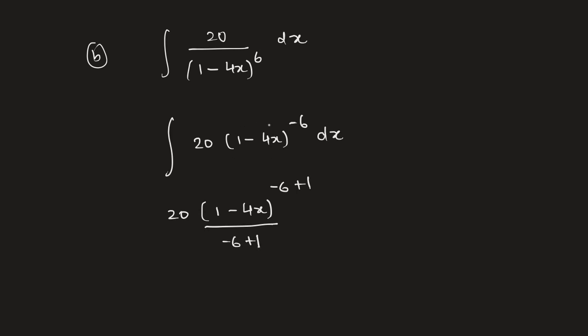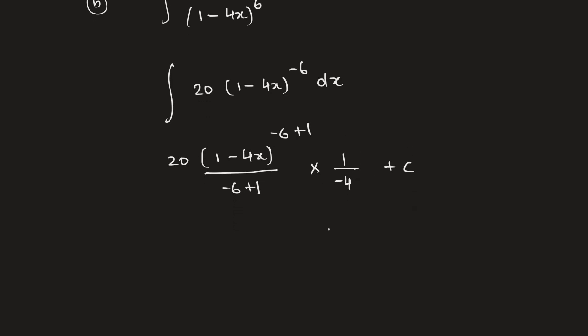Now what would be the differentiation of this inside function? That would be negative 4. Instead of multiplying by negative 4, in integration we'll divide by negative 4, plus c. Now let's simplify this part.